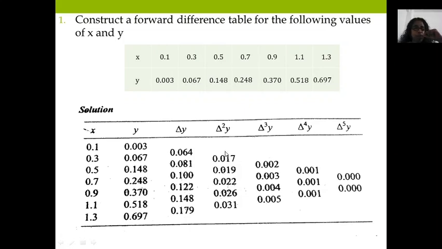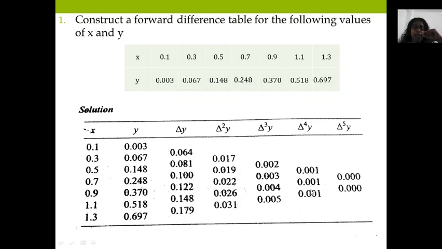And then del square y, the differences of first forward differences, del 3y, the differences of second forward differences. And similarly, here you can see one very beautiful observation, that is del 4y is constant.